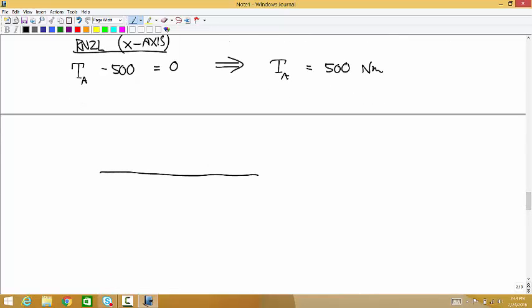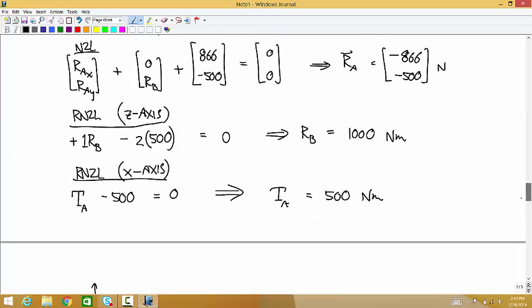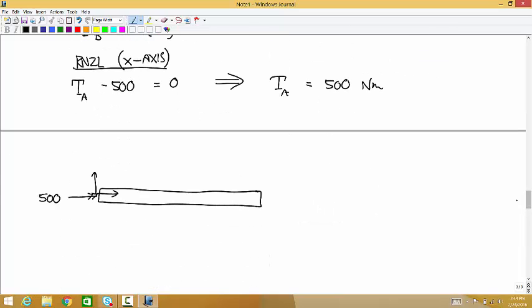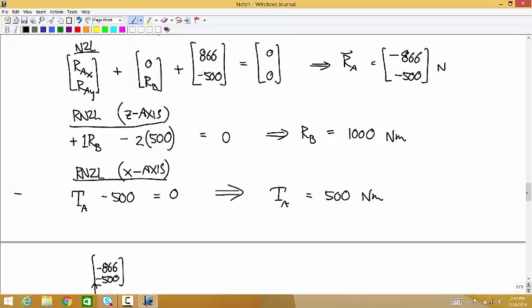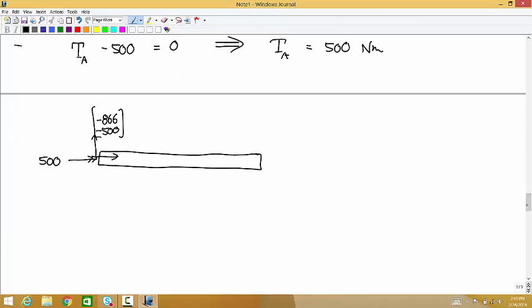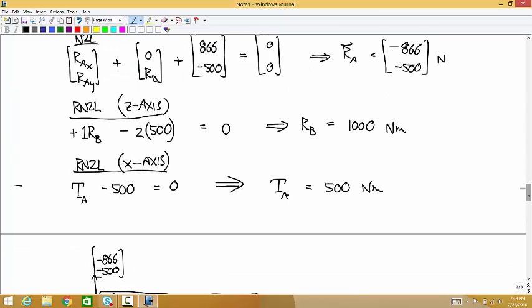Okay, so final free body diagram. So we have a torque TA of 500. A force of negative 866, negative 500. What's RB? 1,000.